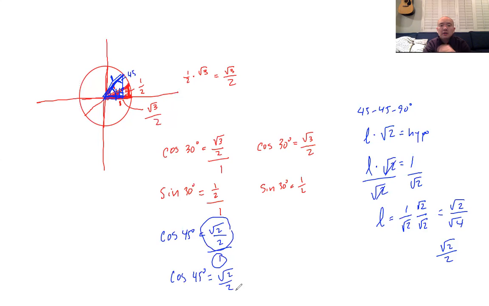I'm hoping that you're getting this. Now the sine of 45 degrees: cosine and sine are the same here because this is the cosine, this is the sine, the opposite. And these two are the same, so the sine of 45 degrees is also √2 over 2. All right, so that's the unit circle part.